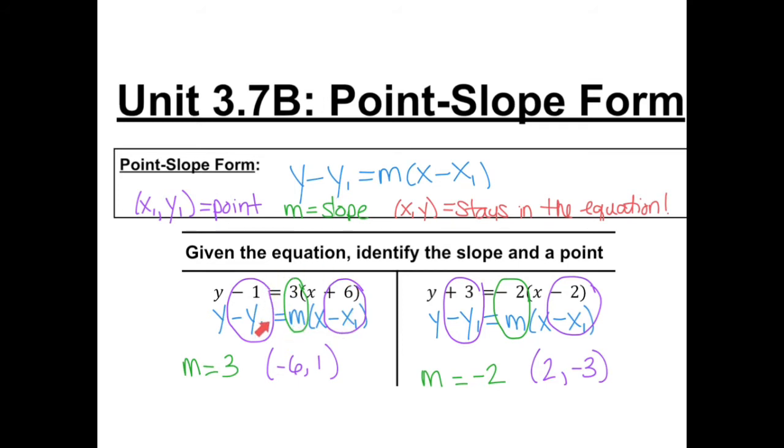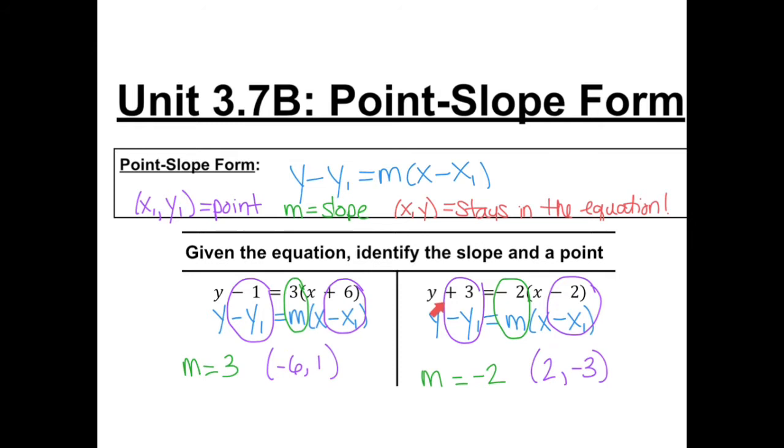And remember when we pull our x and y, the tricky part is that the formula, the point slope form, has subtractions in it. So you really always have to take the opposite of what you see. I see a plus 6, which actually means my x value of 6 is negative. I see a minus 1, which actually means that my y value of 1 is positive.